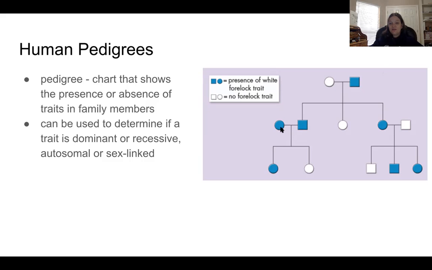Both of these individuals have the trait, so they managed to pass it on to one of their offspring, but not both. So if you were examining this, would you say that this trait is probably dominant or probably recessive? Think about that for a second.